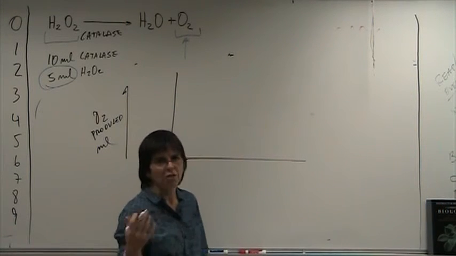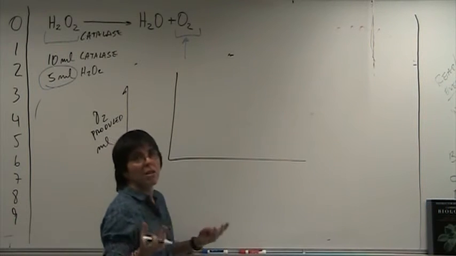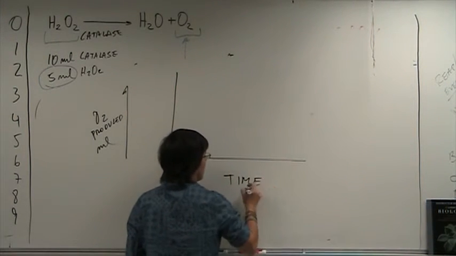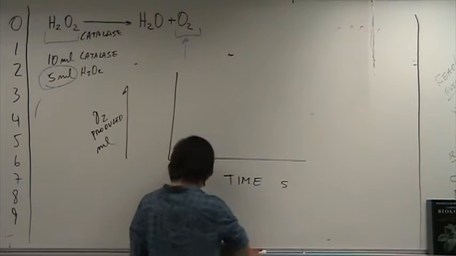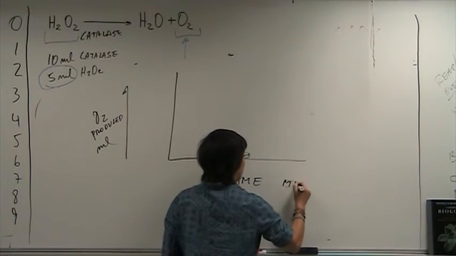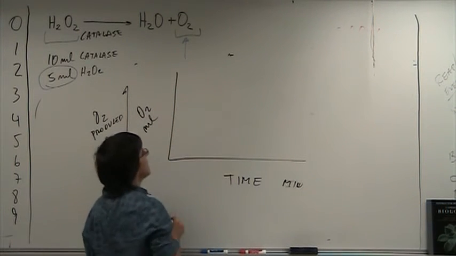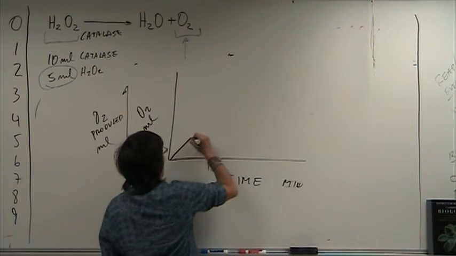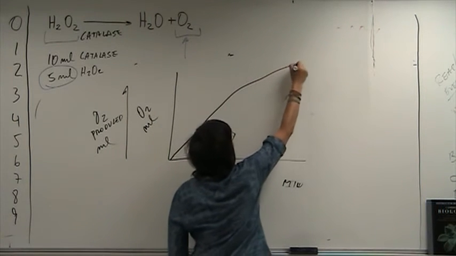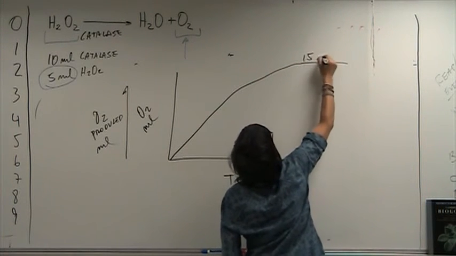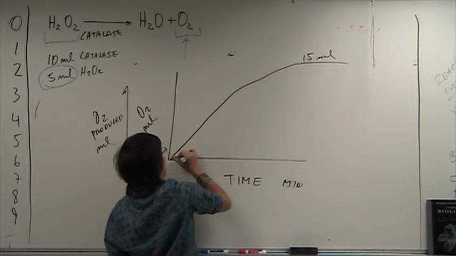We couldn't measure concentration, but we measured the amount of catalase that we used. So again, we have time in minutes, and oxygen produced in milliliters. And if I can flatten it, this is the curve for 15 mLs.